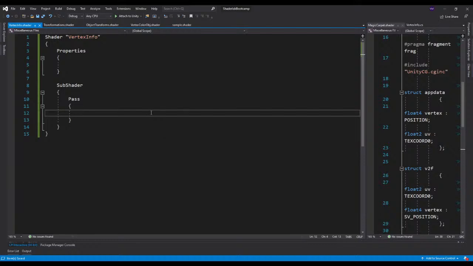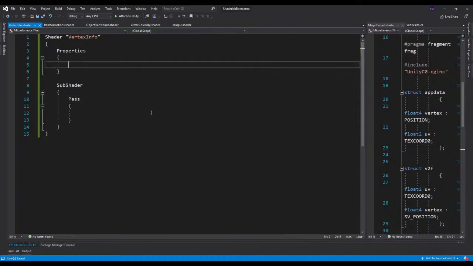Continuing from the previous session, we are going to quickly add a color. To write a property, we need to give the variable a name. It's called a color. We need to give a fancy name which the users can understand. So I'm just going to say Color so that the user can quickly understand. And then we are supposed to write the type.